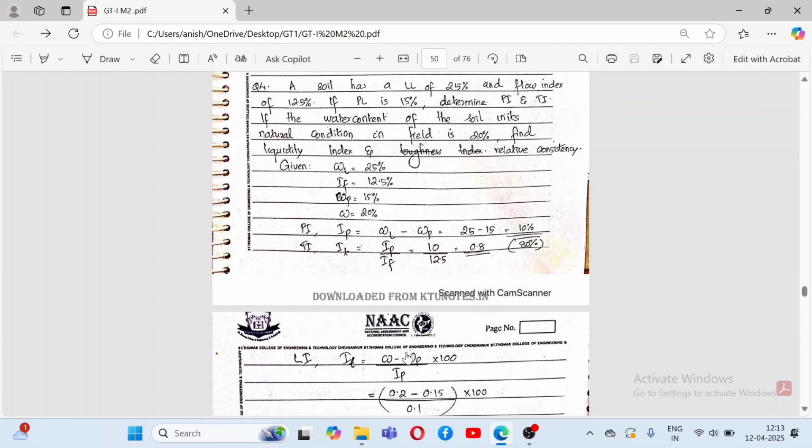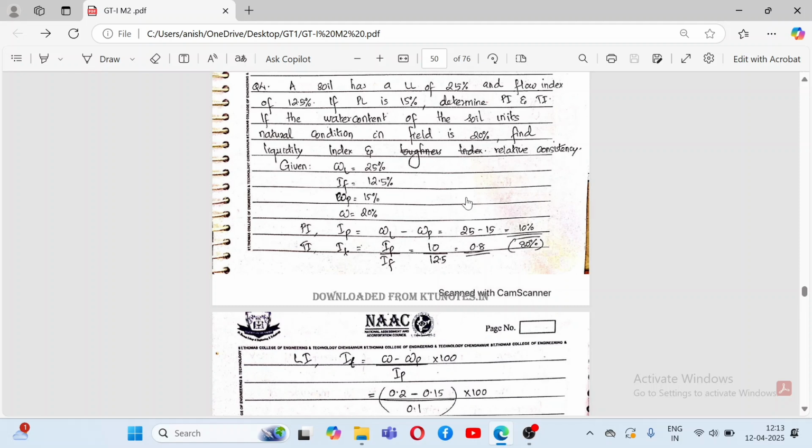Find liquidity index and relative consistency. Okay, so what we have? Okay, liquid limit is given, right, 25%, and flow index is given, 12.5%.